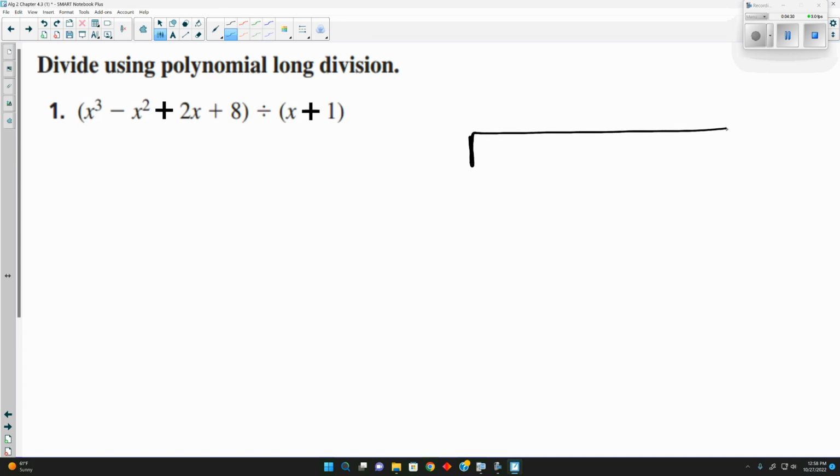So we'll have x to the third minus x squared plus 2x plus 8 inside, and what goes outside is what we're dividing by, our divisor, x plus 1.